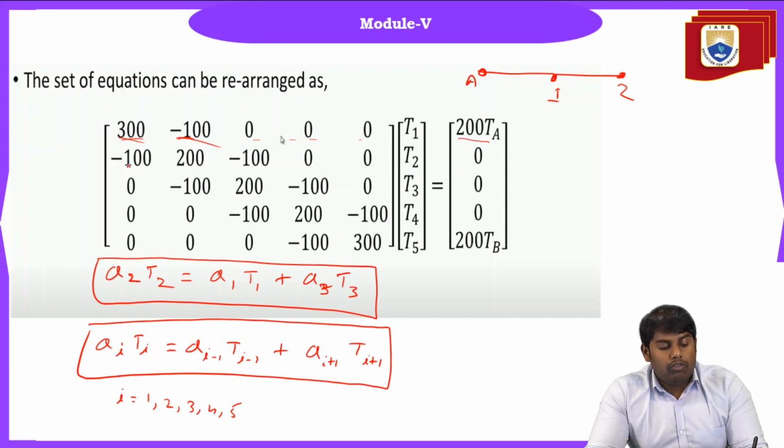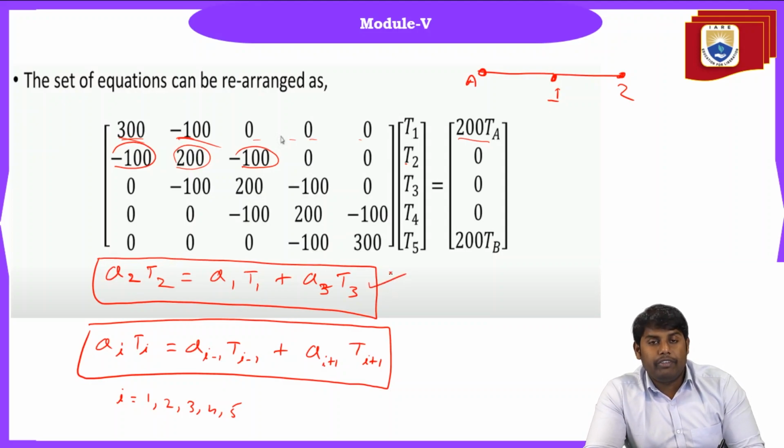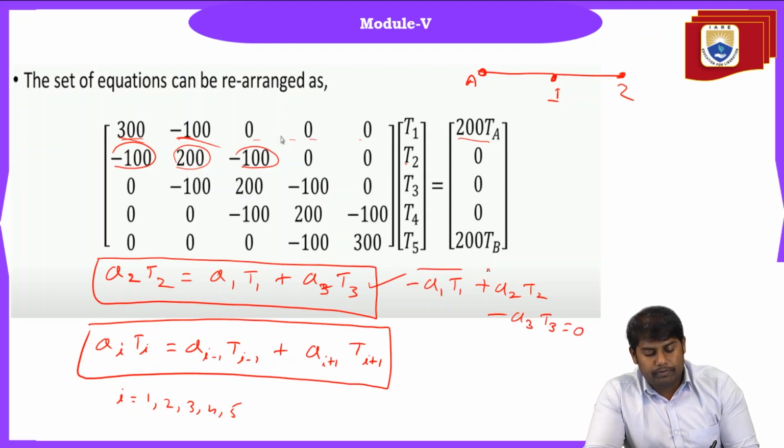Similarly, for interior nodes, what do we have? This is the point of interest P, and this one minus 100 and minus 100. One is for the west node, the other is for the east node. Point of interest P into T2 is equal to 0. This is the source equation. In matrix terms that will be minus A1 T1 plus A2 T2 minus A3 T3 is equal to 0.